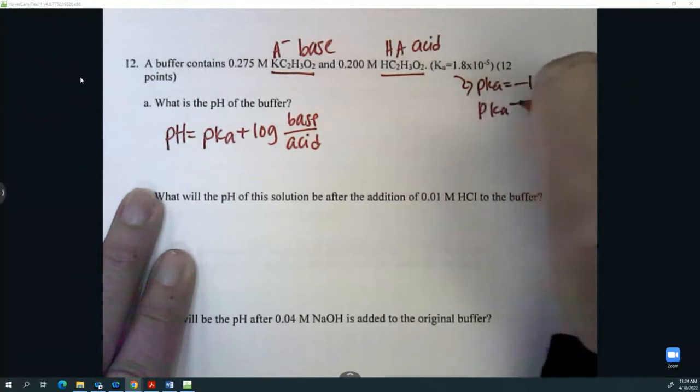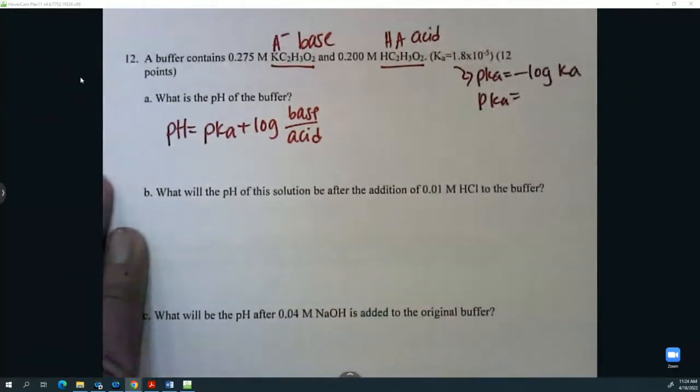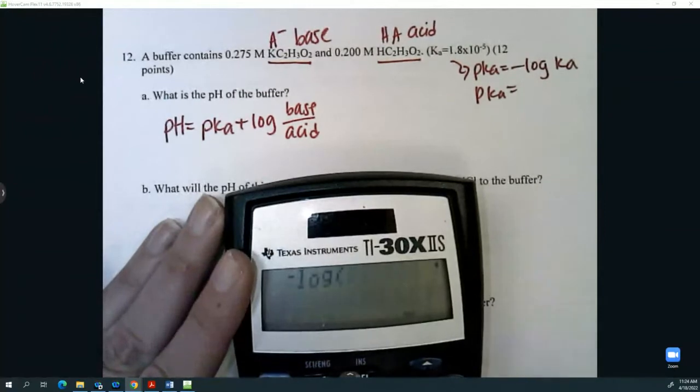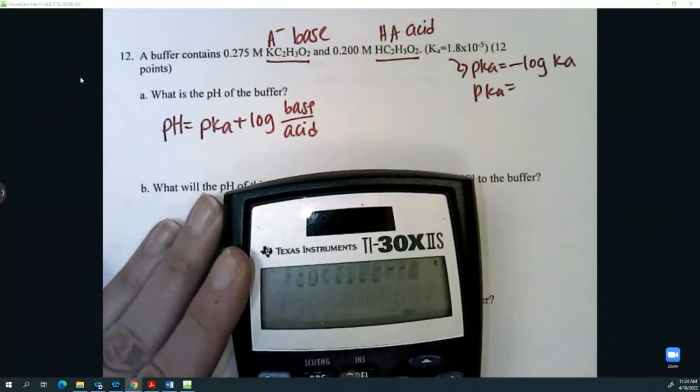I usually like to just figure out the pKa because I'll need that again in the next parts. So I'll just do that before I get too far. 1.8 times 10 to the minus 5th.